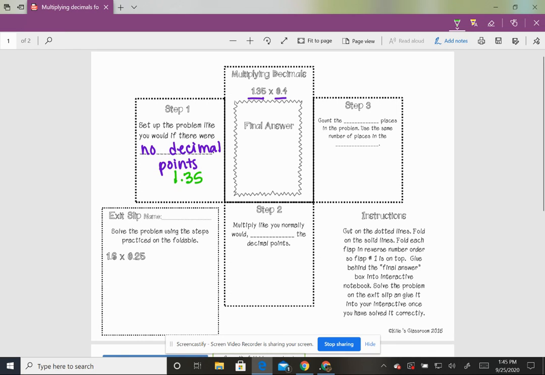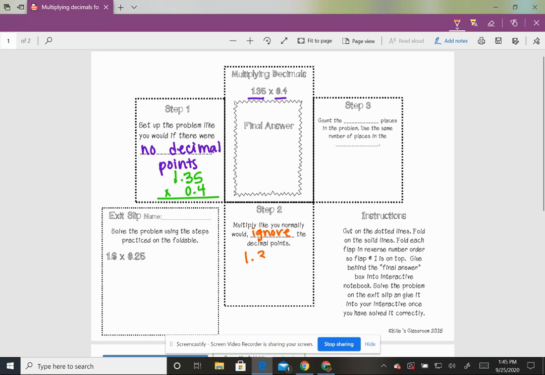We're just lining up the factors. Write your problem right there. We're not going to solve it yet because step 2 tells us we're going to multiply like we normally would. We just want to ignore the decimal points.